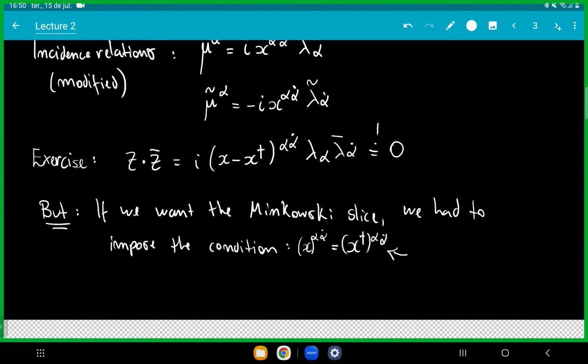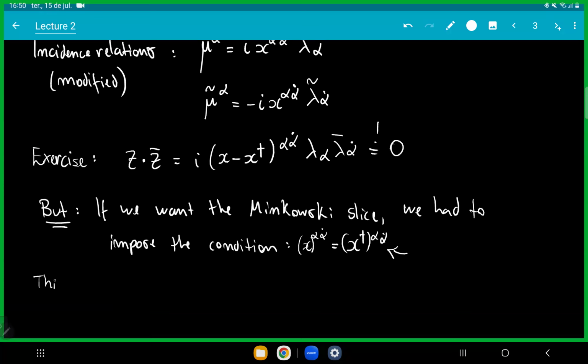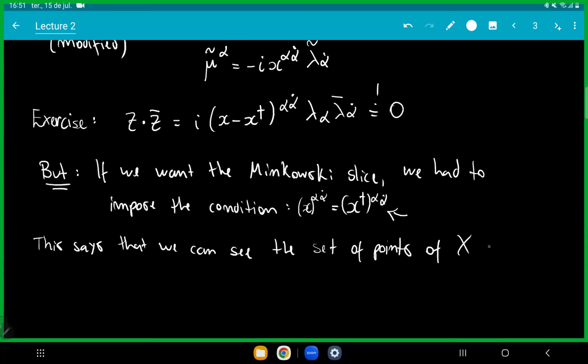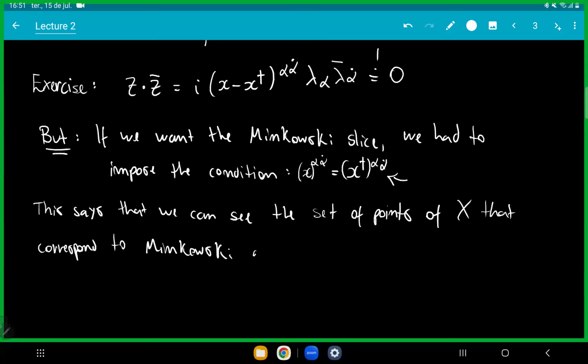So the set of points, this says that we can see the set of points of some line in Twistor space that correspond to Minkowski, so that we can see the set of points of S that corresponds to Minkowski as the set, which I will denote as Pn, which is just the points of PT, such that Z dot Z bar is equal to 0.